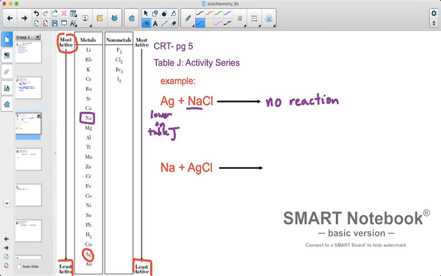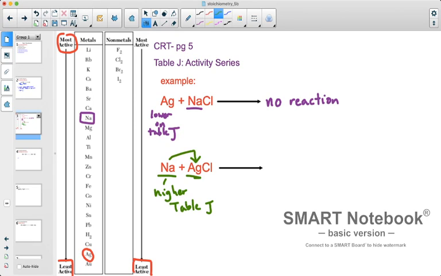So let's look at it in reverse. We know that sodium is higher on table J. And since it's higher on table J, that means it's stronger. It's specifically stronger than Ag, and a metal replaces a metal. So what sodium does is it takes the place of Ag.